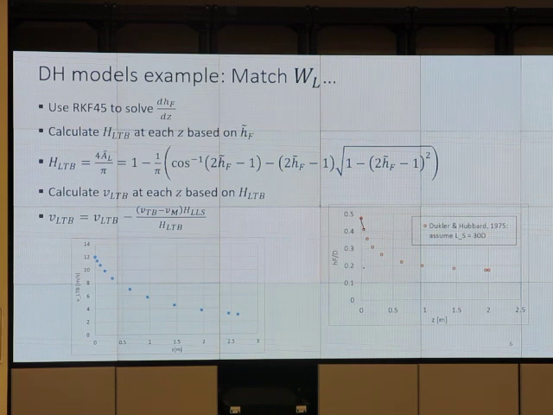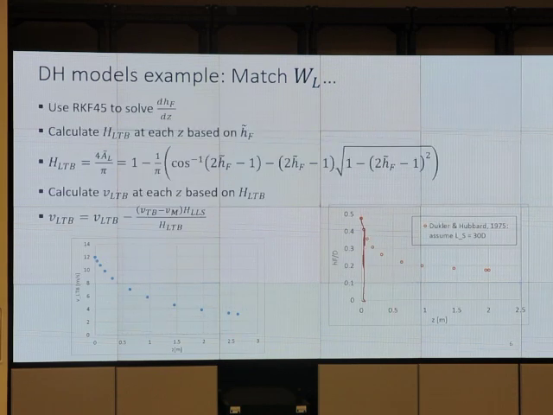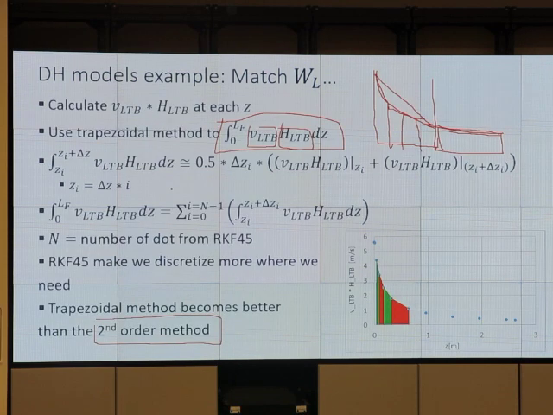Right at the next point, then we calculate WL. Can we calculate WL when we have just a short section of the film? Yes, we can. We can always do this, right? VLTB, HLTB. VLTB still comes from X, right? We know HLTB at that location, we can always get VLTB.